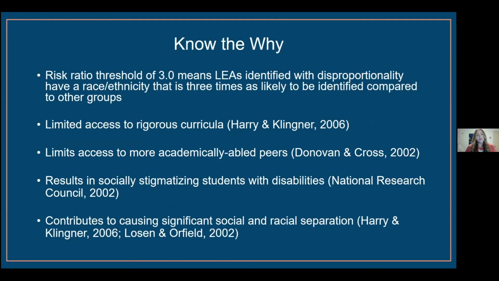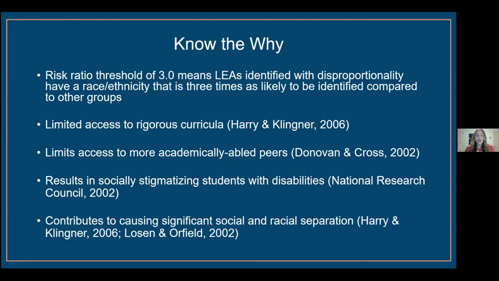So before we move completely away from data, like Stephen mentioned, the risk ratio threshold of 3.0 means that a race and ethnicity group is 3 times as likely to be identified for that category as other groups. So if you have a risk ratio of 5.4, you're 5.4 times as likely. So it's something to consider when you're thinking about your data.